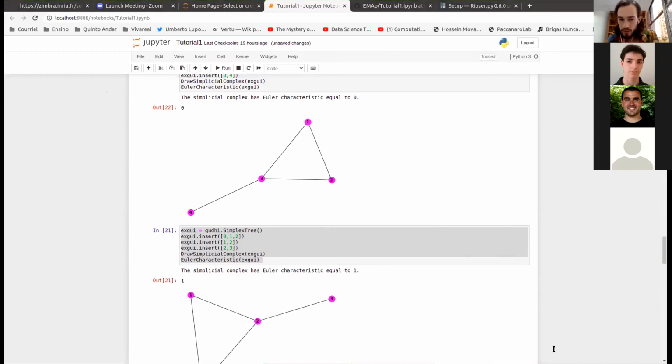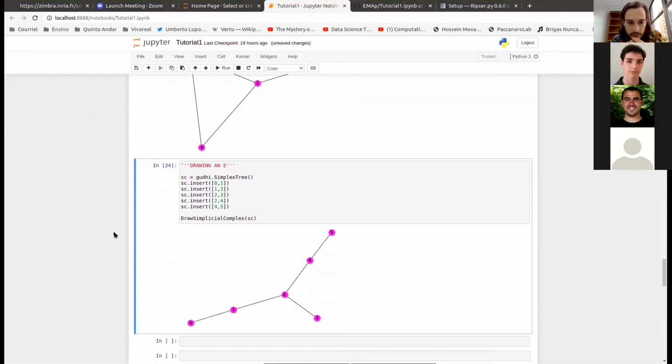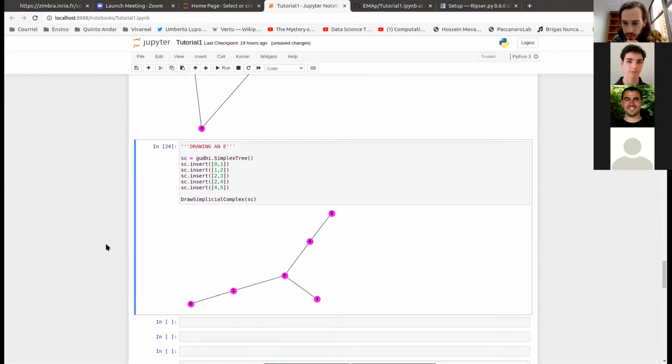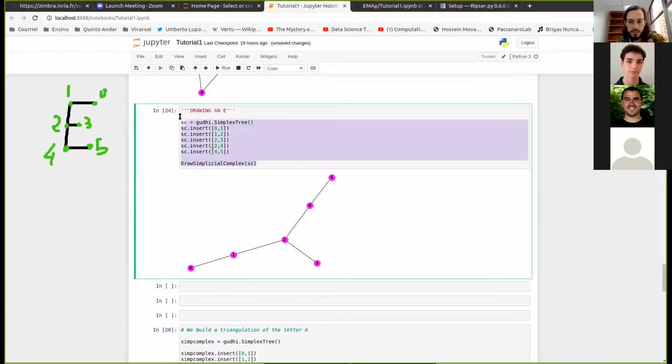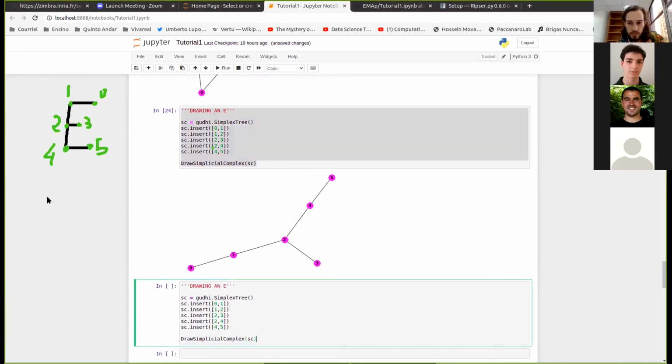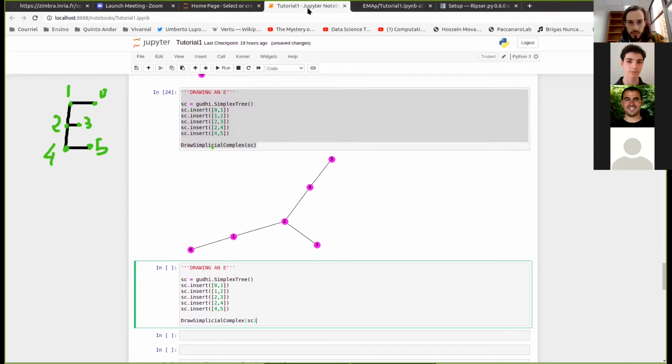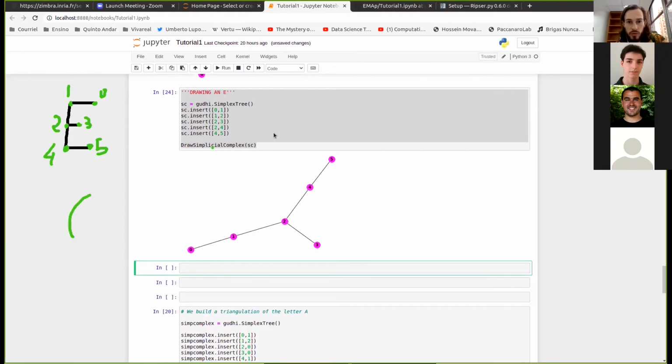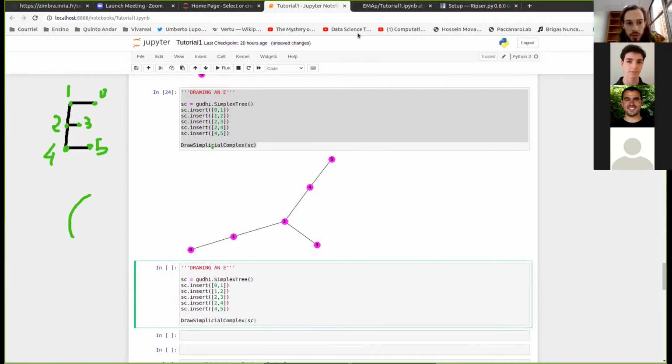1, 2, 2, 3. And then, Luisa, what is your trouble with the letter G? Yeah, it is curved.